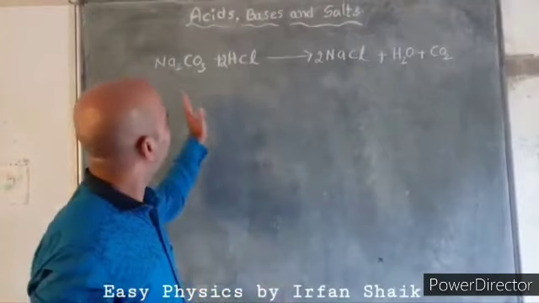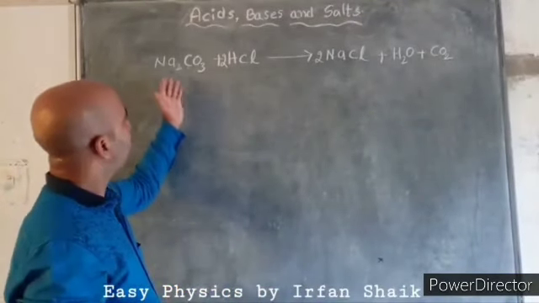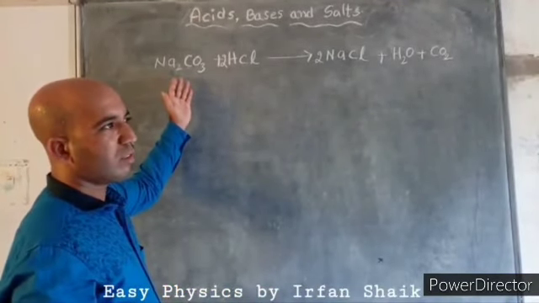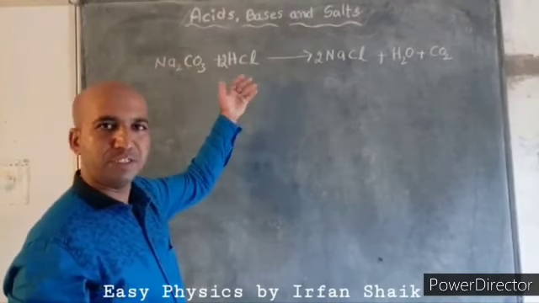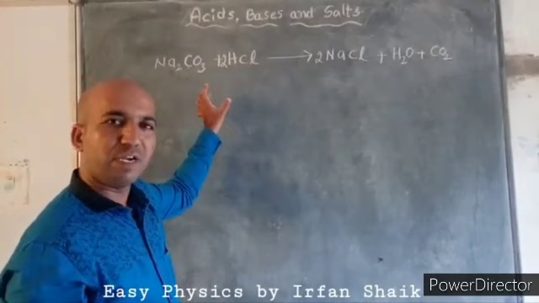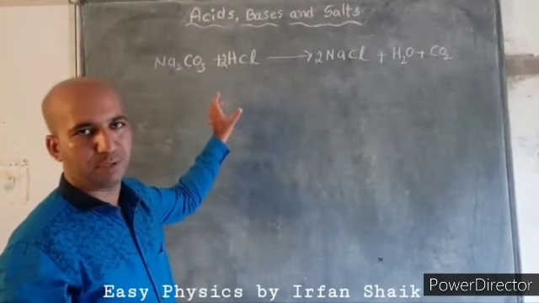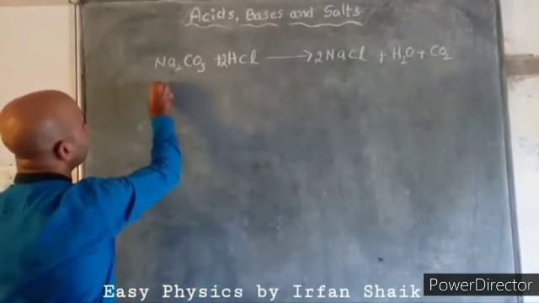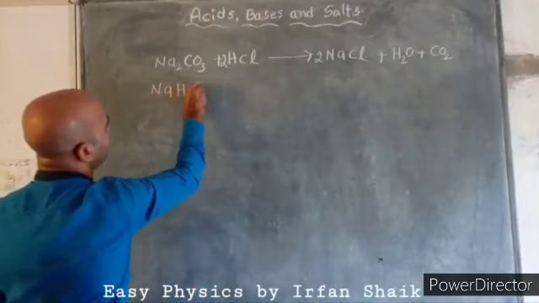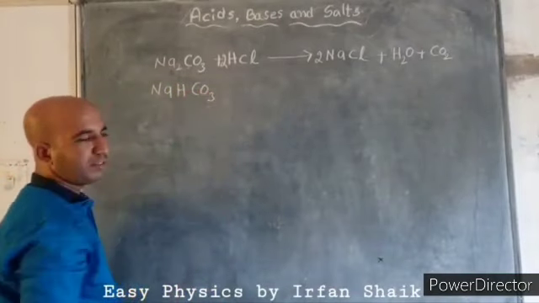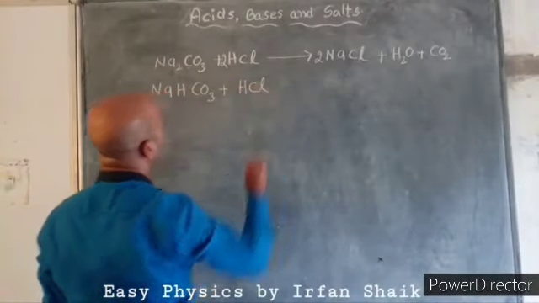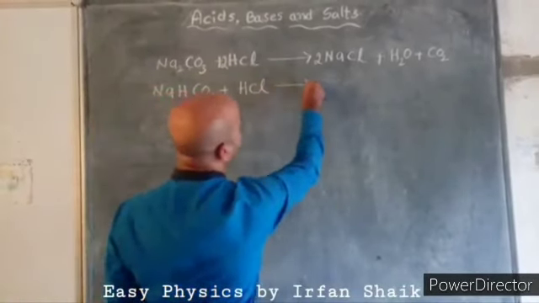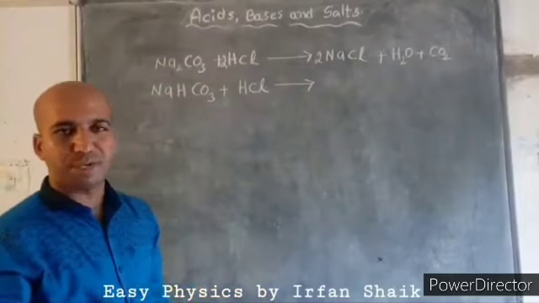Here we have done the reaction between a carbonate and an acid. Instead of this carbonate, we can also take hydrogen carbonate, that means sodium hydrogen carbonate and an acid. How will be the reaction?